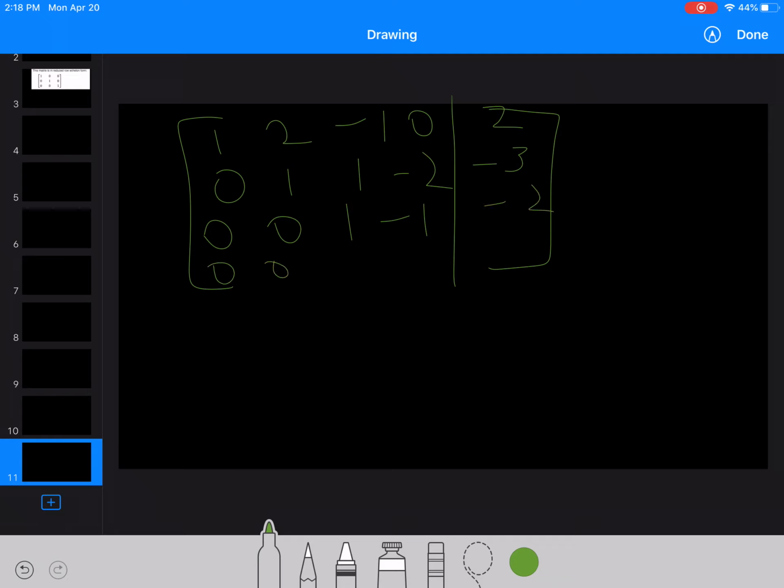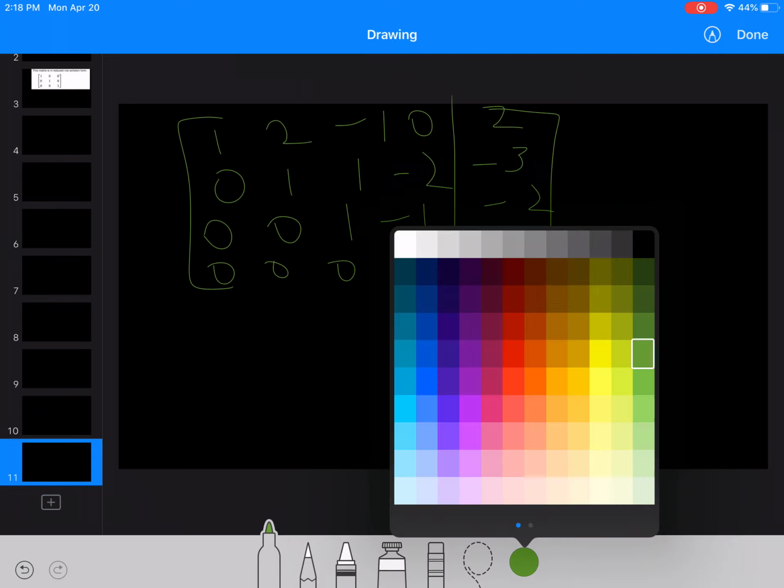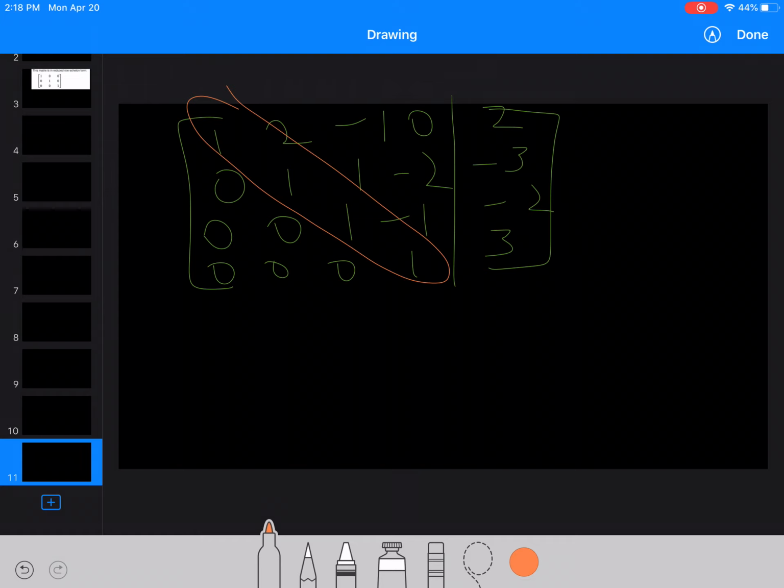Once we did all of our little operations, that's what we get. So we have our leading terms that we want. Okay, and notice this is not reduced row echelon form because above those ones they have to be zeros, and if you look at row 2, above that one, that leading one is a 2, so that wouldn't work there.